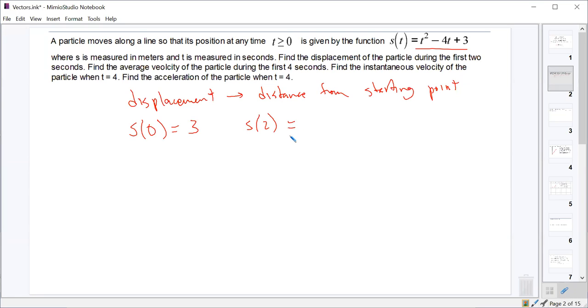And where is the particle at 2? Ought to be at 4 minus 8 plus 3. It ought to be at -1. So what is the displacement in the first 2 seconds?